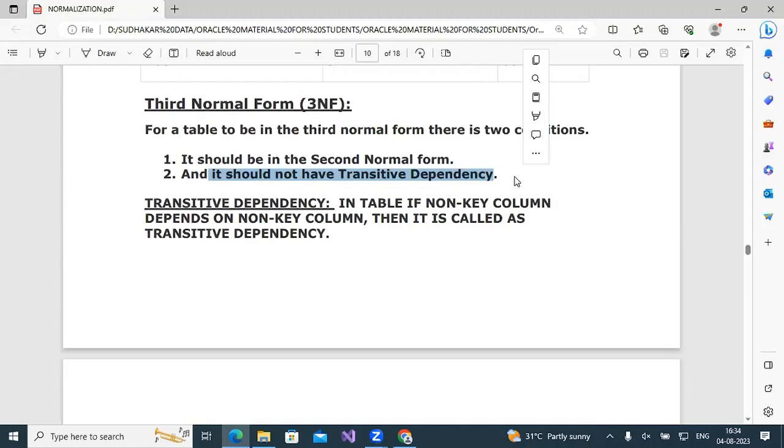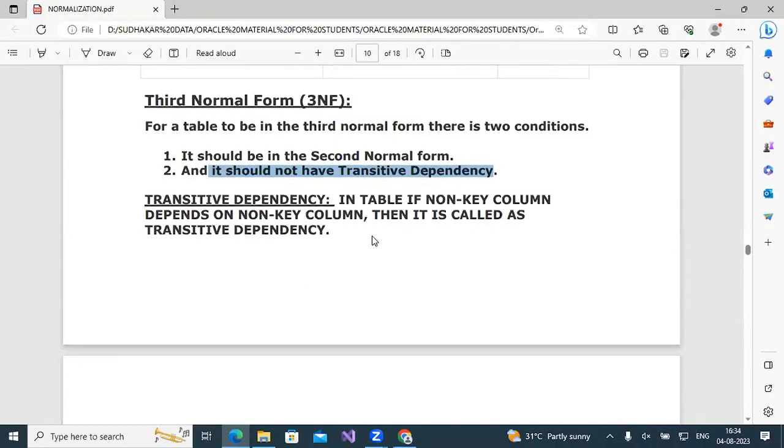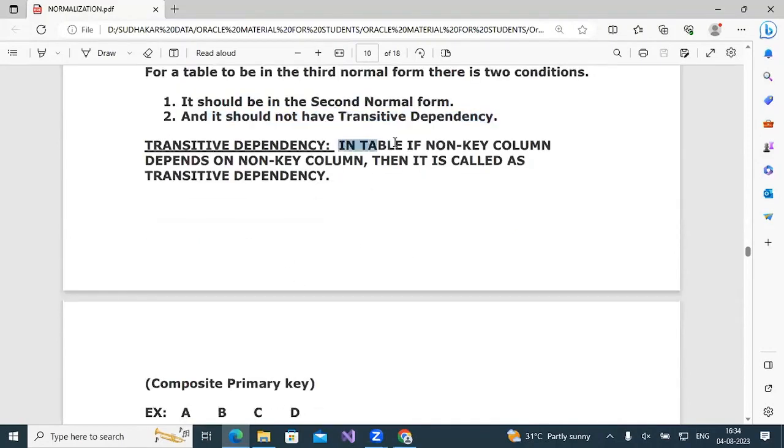So now the question is, what is a transitive dependency, sir? First, understand the definition. A transitive dependency is nothing but, in a table, a non-key column, meaning a non-primary key column, depending on another non-primary key column. Understand?